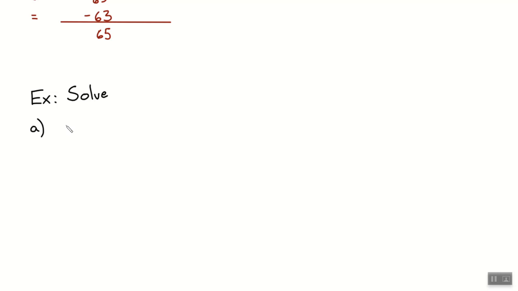I want you to determine when it's true that the sine of x plus pi halves plus the sine of x minus 3 pi halves is 1.